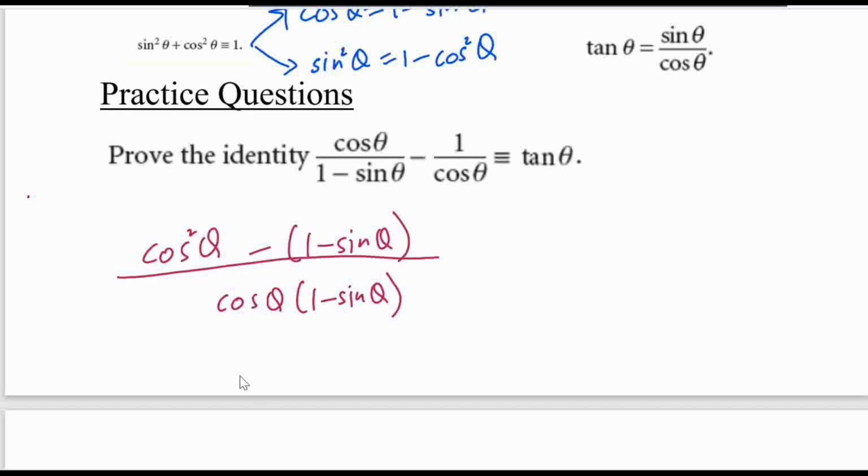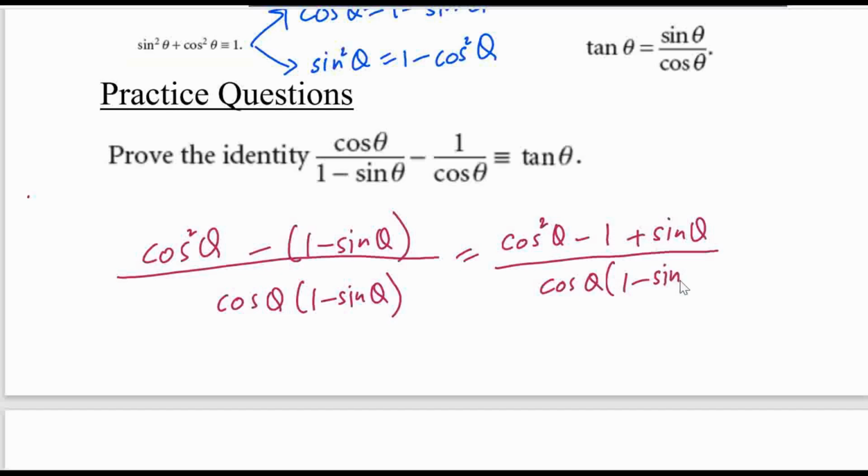Now here we can see that we have to simplify it further, so we can write this one as cos square theta minus 1 plus sine theta whole divided by cos theta into 1 minus sine theta.